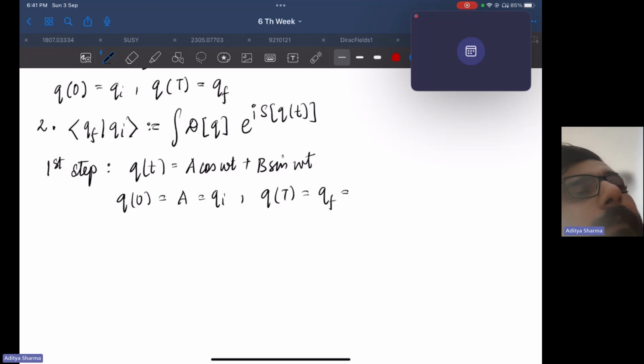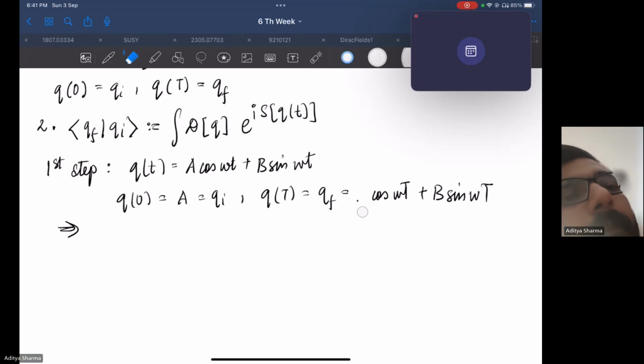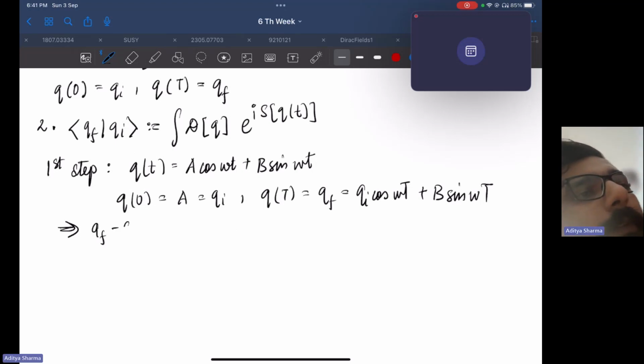and q of t equal to qf is equal to a cos omega t plus b sin omega t, which implies b is equal to qf minus qi cos omega t over sin omega t.